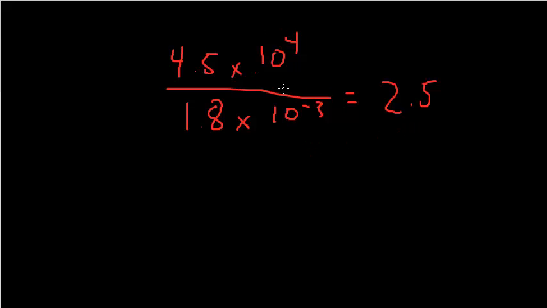And then 10 to the 4th over 10 to the negative 3rd, again using my rules for exponents here: 4 minus a negative 3 gives me my new power of 7. So I have 2.5 times 10 to the 7th.